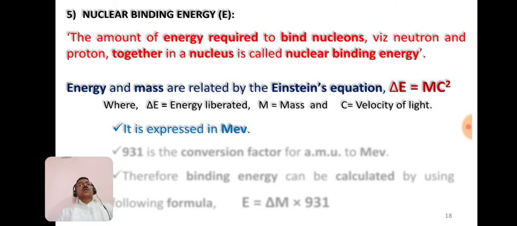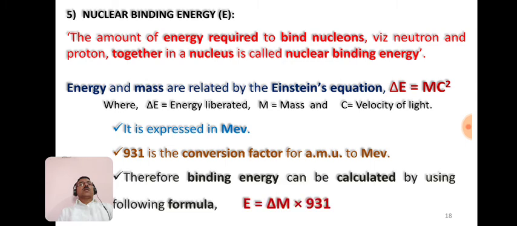This nuclear binding energy is expressed in million electron volt, and 931 is the conversion factor from atomic mass unit to million electron volt. Therefore, binding energy can be calculated using the formula E is equal to delta M into 931. This is the formula used to calculate the nuclear binding energy.